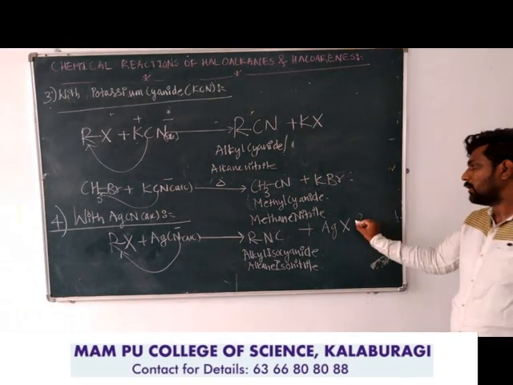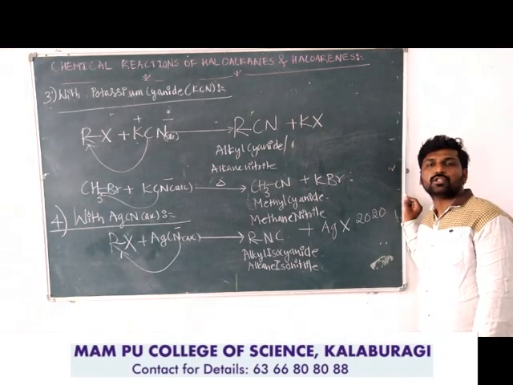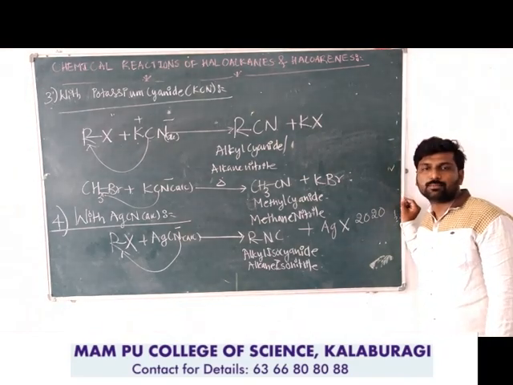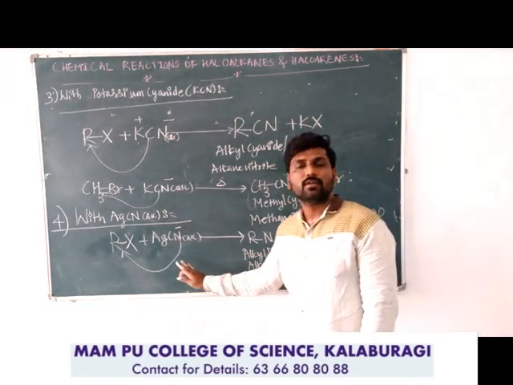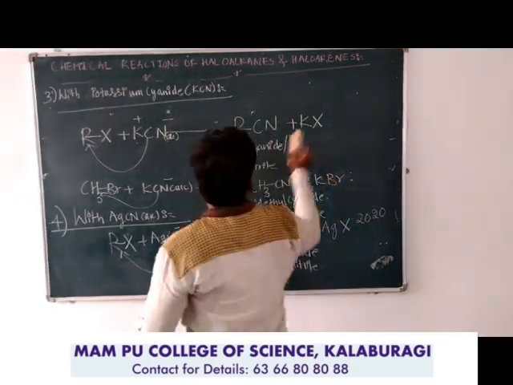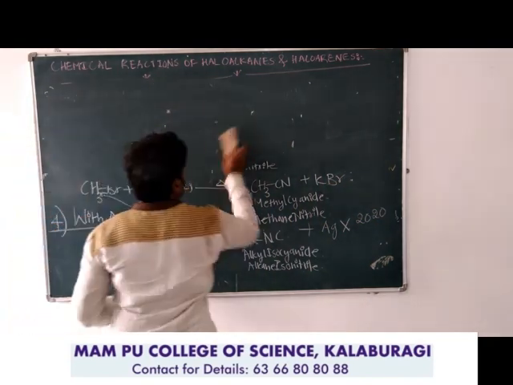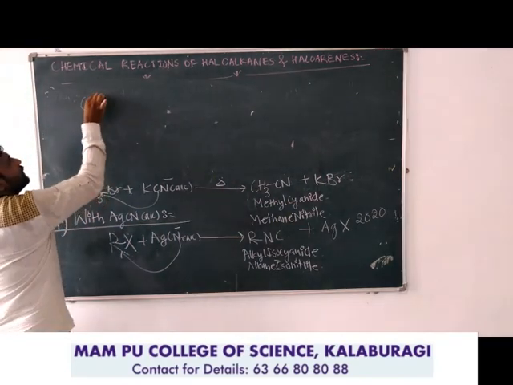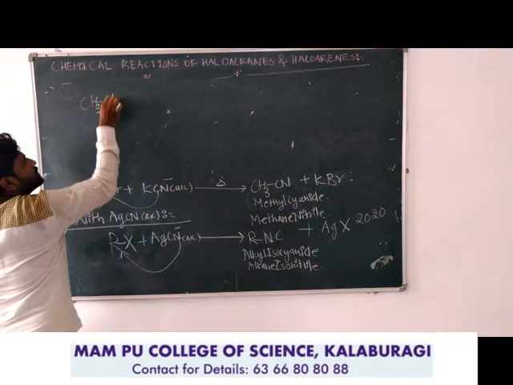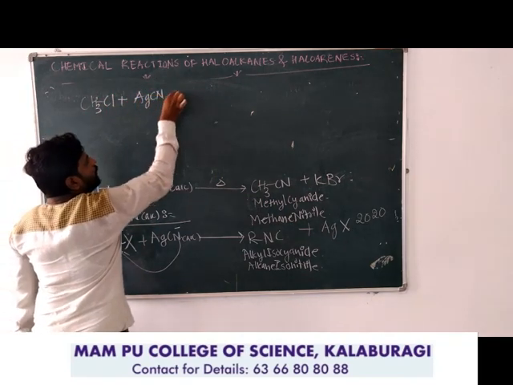It has been asked in the 2020 March question number 32C. You can see the question paper of the 2020 March PUC board examination. They have given the reaction with the alcoholic AgCN, and you need to write the product and byproduct. That example was this one here, CH3Cl plus AgCN in the alcoholic medium.